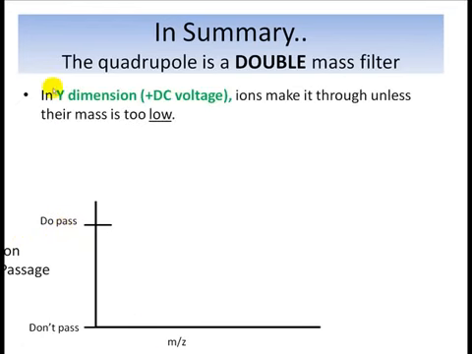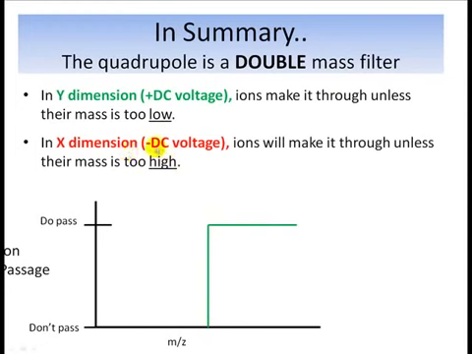In the y dimension, which has a positive DC voltage on those rods, the ions make it through unless their mass is too low. This is a little depiction of what the filter function is like for those y-dimension electrodes. High like this means that they do pass. Low means that they don't pass. There is some critical value of mass-charge ratio above which it will make it through, but below that it won't.